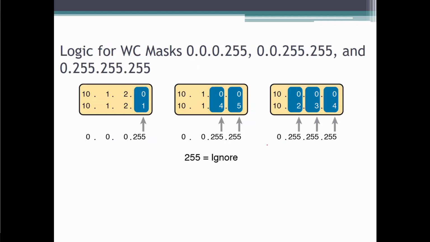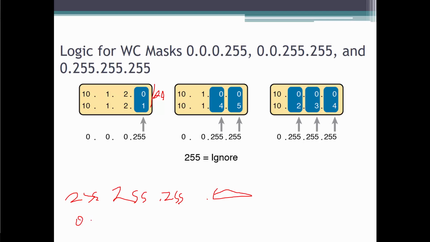The logic for a wildcard mask is essentially, if you look at the IP and subnet mask you want to use, you just flip it. If we have a subnet mask, let's assume a /24, that's 255.255.255.0.